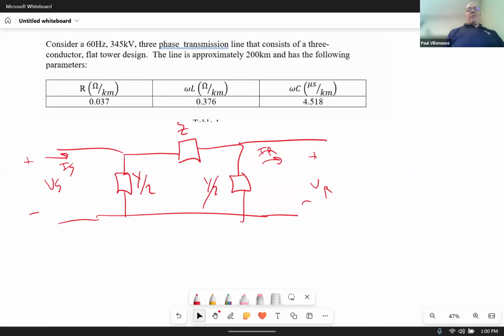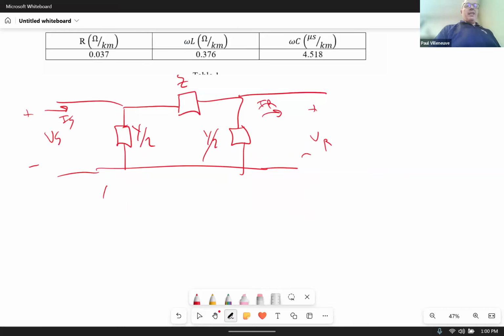So the very first thing I would do is solve for my medium length line. Here are the A, B, C, D parameters. So if you remember, A is equal to 1 plus ZY over 2.